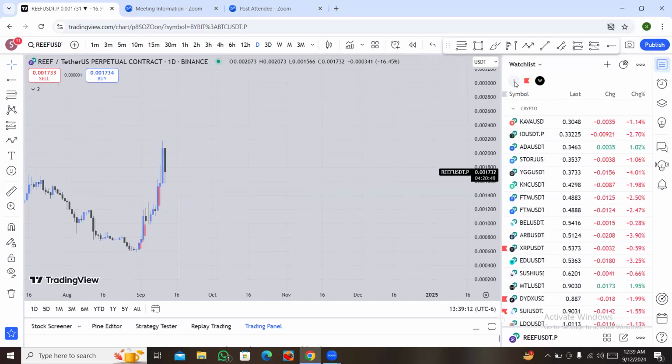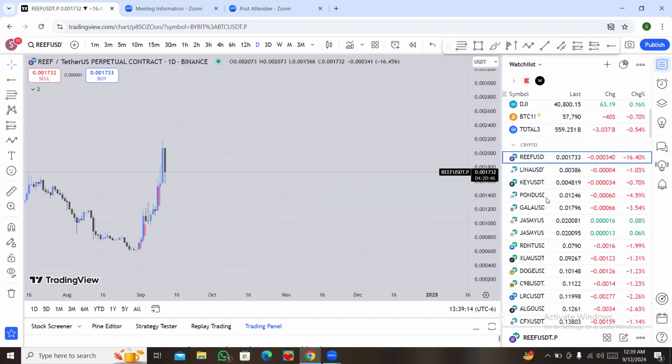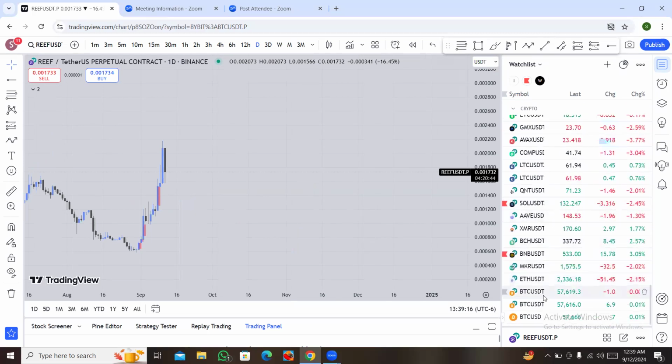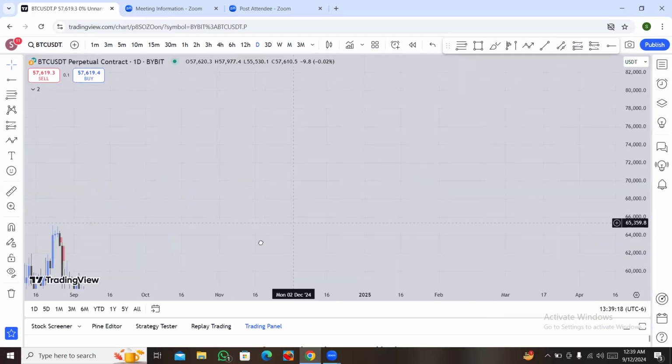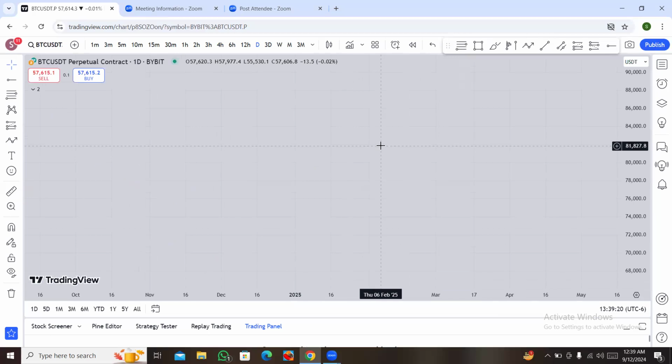For this, I use rally-based ranges. How to mark those rally-based ranges? For this, you have to be on chart first thing first.